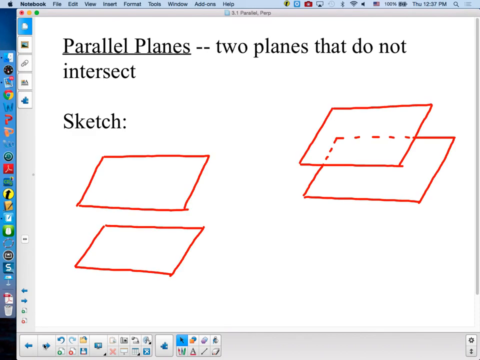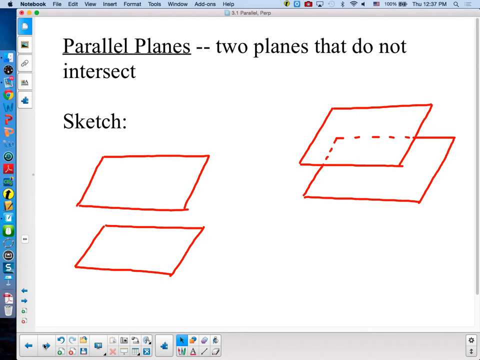Okay, then we have planes that are parallel. Alan was giving me some planes just a little bit ago. For planes to be parallel, we need two planes that do not intersect. Like in the room, the ceiling and the floor. Two planes that do not intersect. My ceiling technically stops somewhere.